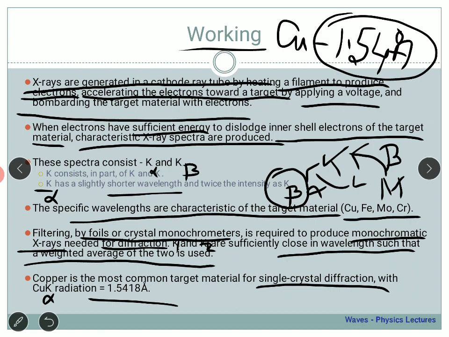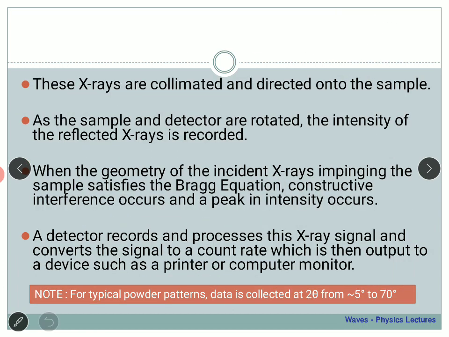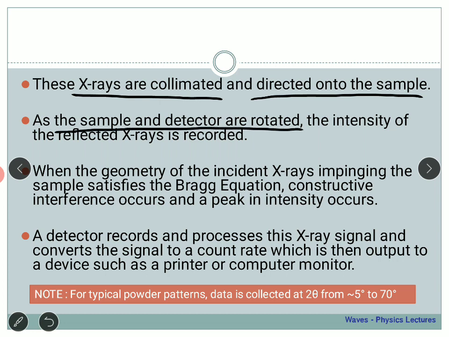Okay, and then what happens is, these X-rays, which are generated using these terms and conditions that we already had, are collimated, and then it is directed onto the sample. So it will finally fall onto the sample. Now what happens, the sample and the detector are rotated, and the intensity of the reflected X-rays is recorded.